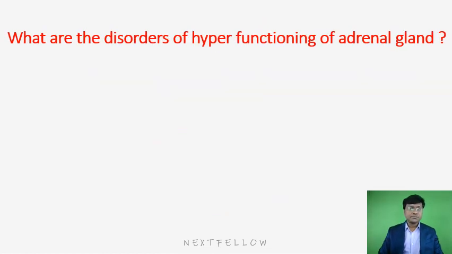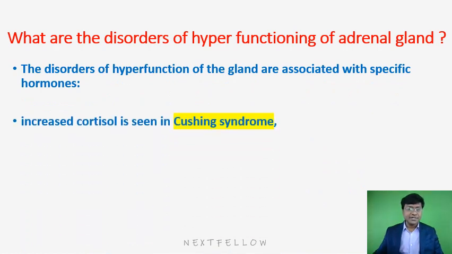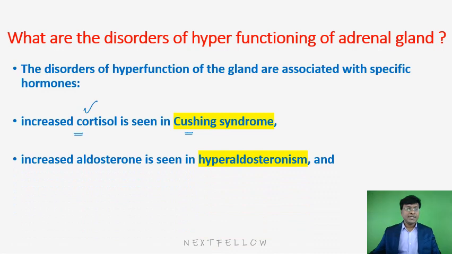Then you need to know the disorders of the hyperfunctioning adrenal gland. Suppose there is hyperfunctioning of the zona fasciculata, which produces the corticosteroids. The individual will end up with what is called Cushing syndrome, in which there is increased cortisol. Then if there is increased aldosterone synthesis, that is called hyperaldosteronism, and we see that in patients with Conn syndrome.